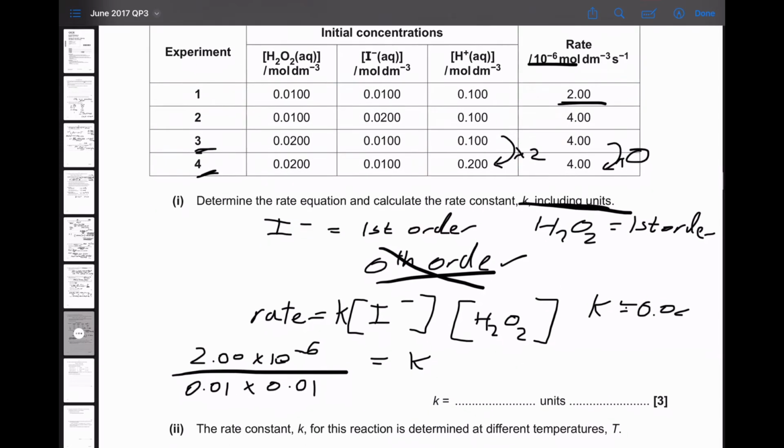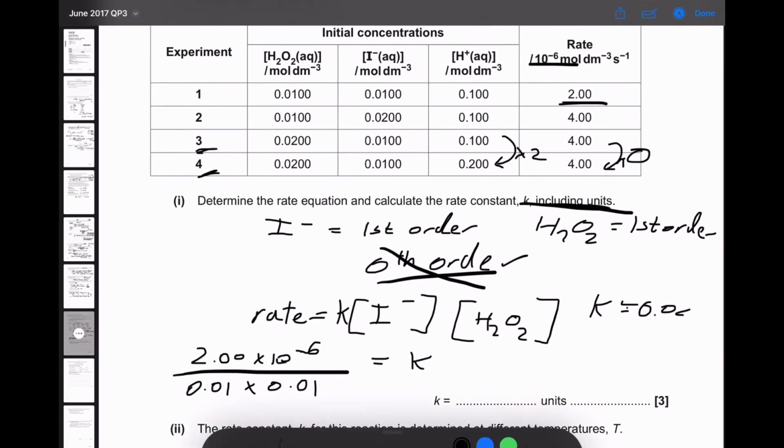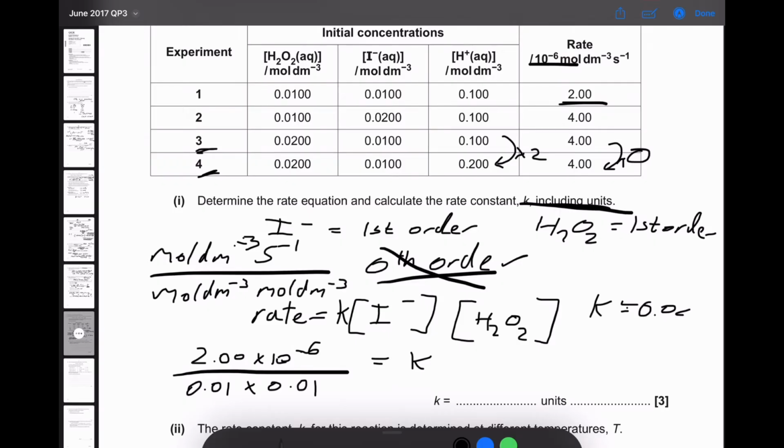How are we going to work out units? Well, rate is always equal to moles per decimeters cubed per second, over one concentration, which is moles per decimeters cubed, and another concentration, which is moles per decimeters cubed again. But if we have it on the top and we have it on the bottom, we can cancel it out.